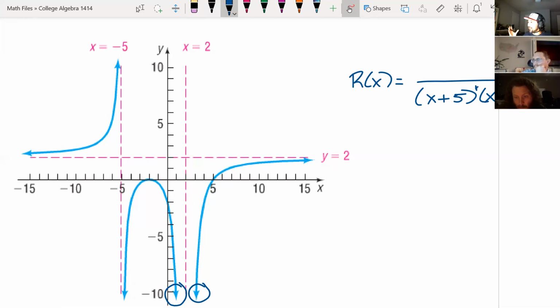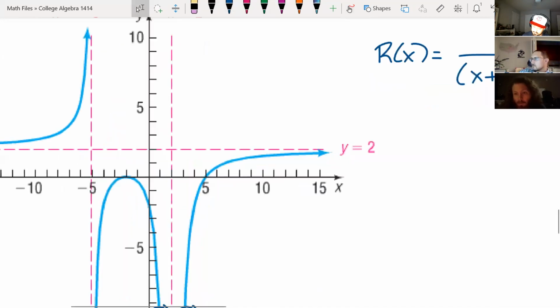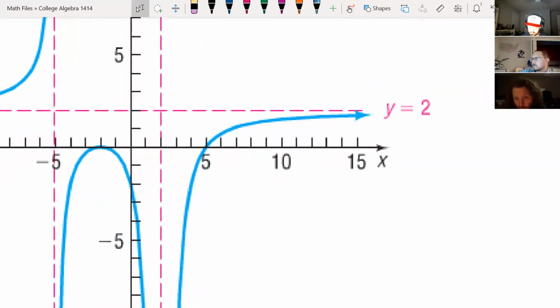The denominator is figured out. Now, let's figure out the numerator. And remember, x-intercepts come from the numerator. Where are my x-intercepts? -2 and 5.